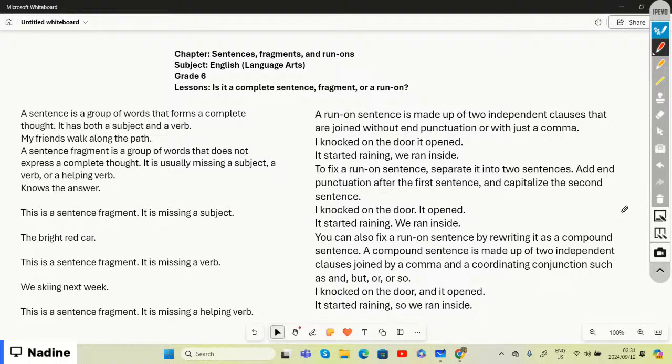We can fix a run-on sentence by separating it into two sentences, starting each sentence with a capital letter, and ending each with a period.